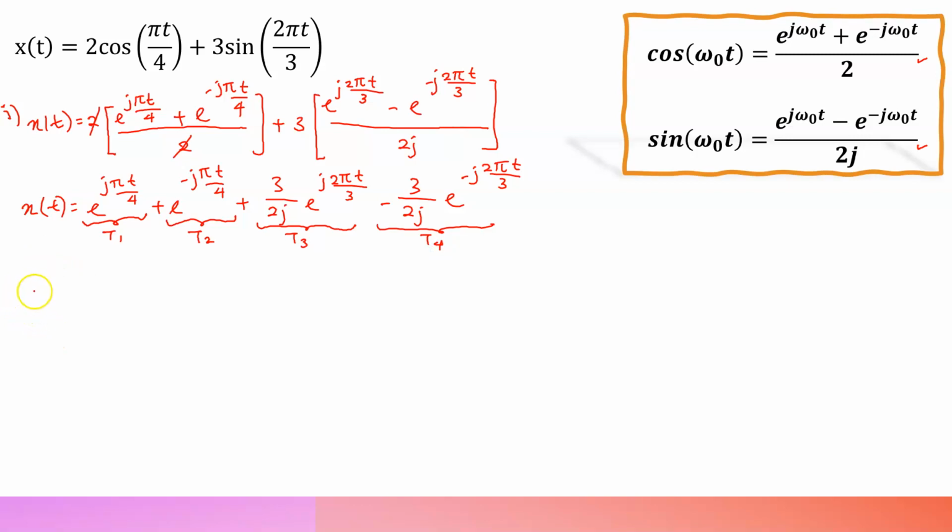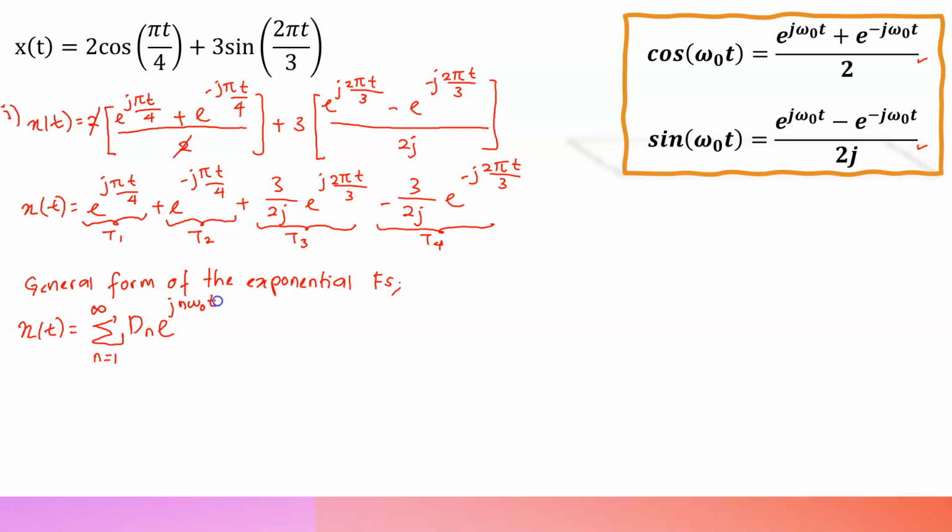And we know that the general form of the exponential Fourier series representation is given by this equation: x(t) equals the summation over n of Dn e^(jnω0 t).